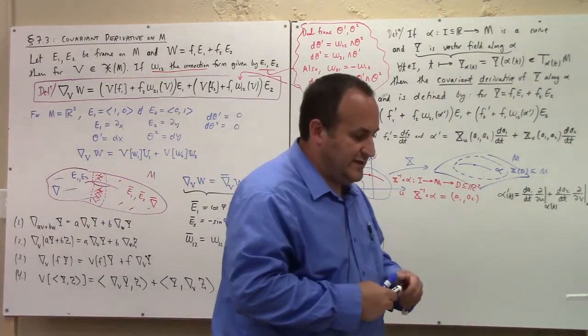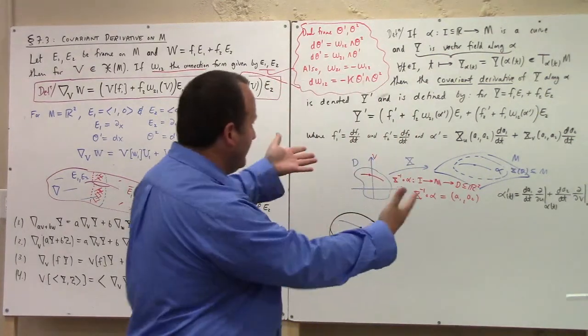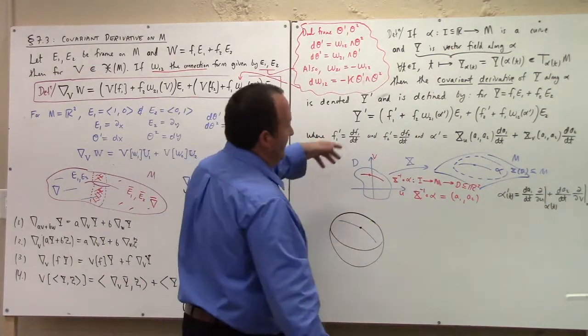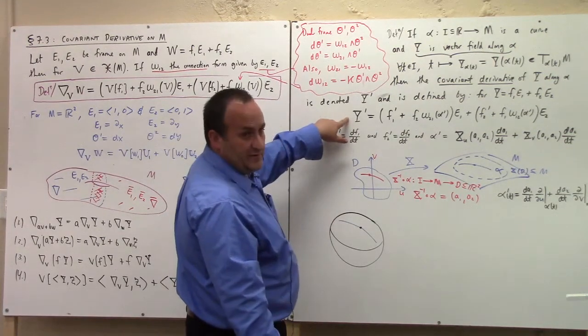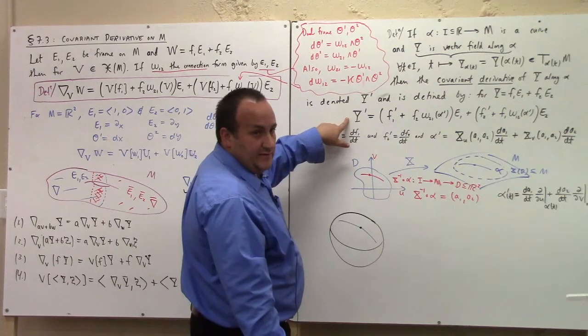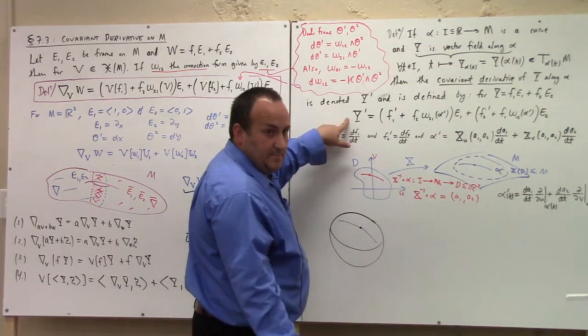So we have a curve, alpha, and we've got a vector field along the curve, and now we're defining the covariant derivative of the vector field along the curve, right? So the covariant derivative of a vector field should again be a vector field.